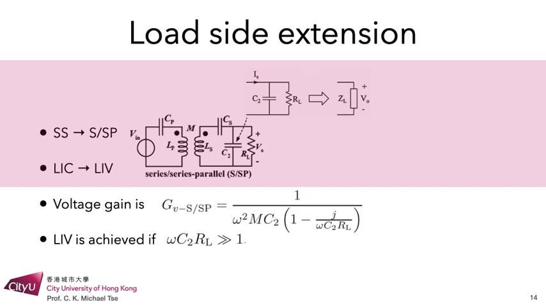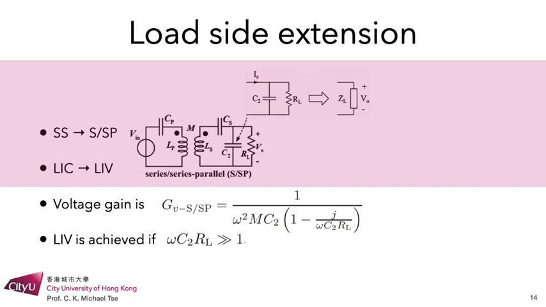For the load side, we can apply a basically similar technique, extending the LIC to LIV. If it is a current, we are able to extend it to a voltage by adding, for example, a capacitor here.